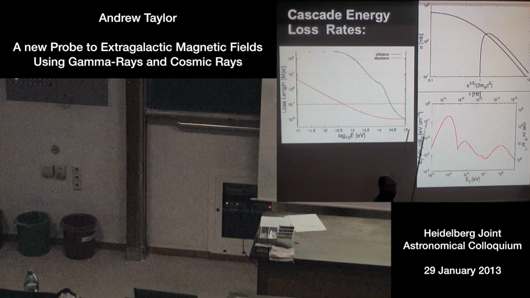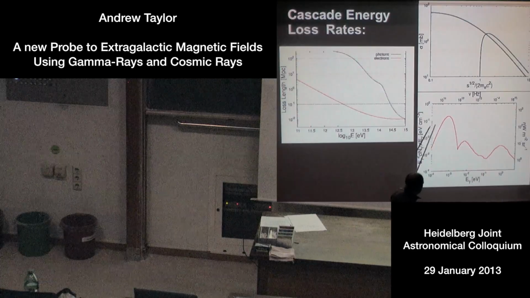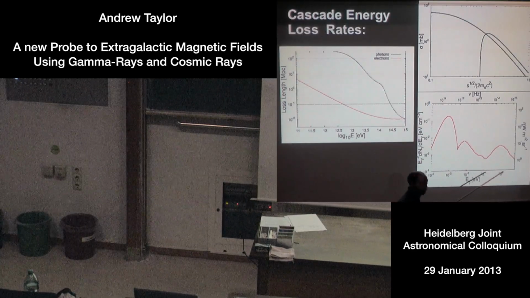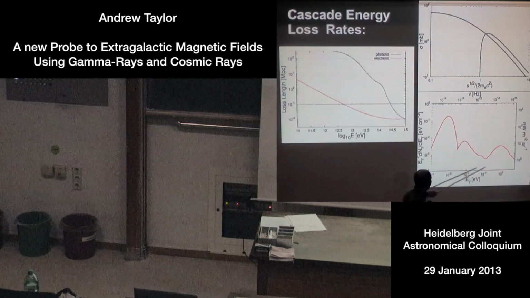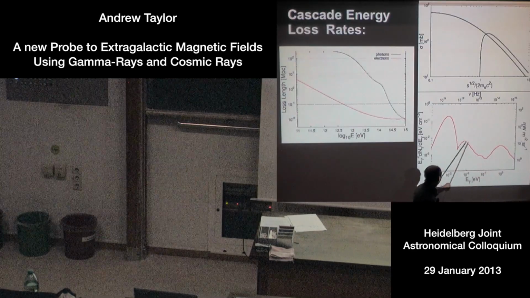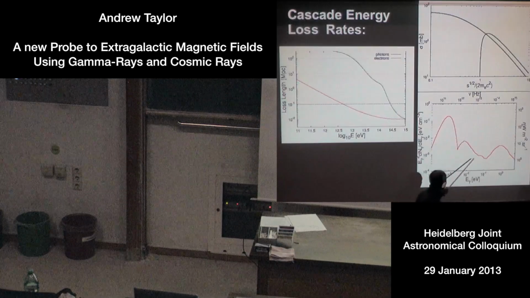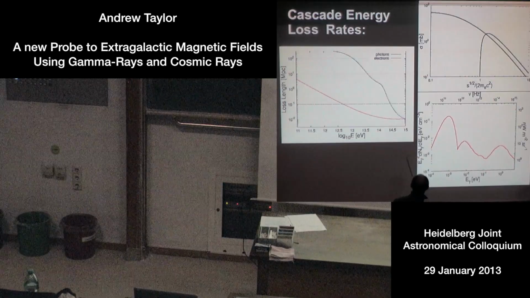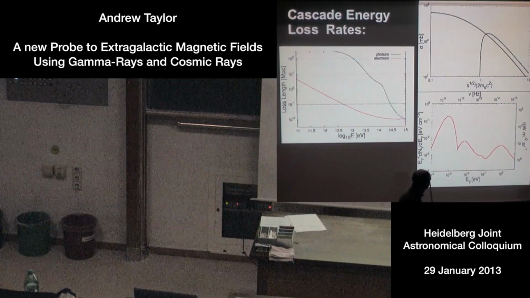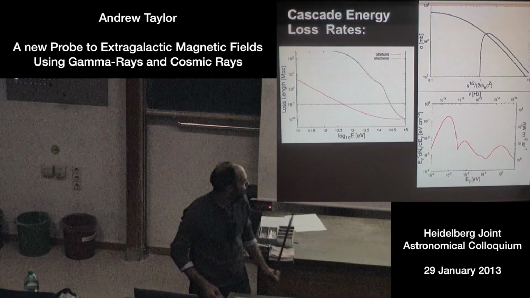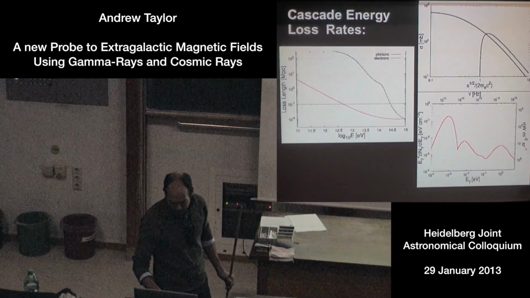I've changed the representation, but this slide here is exactly as the one I showed you back for the cosmic ray slide before. The target photons are exactly the same. This is the CMB, and this is the infrared background. And it's actually this part of the infrared background that we're really probing with these photons.